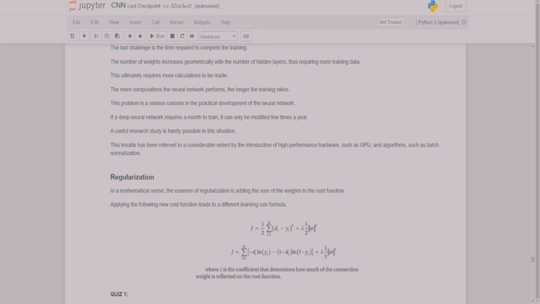Some of the authors will use the divided by 2, otherwise that doesn't make a large difference even if you omit it. Into the magnitude of W squared. As we have been using W for weights, it's the same W. We are trying to add the sum of the weights into the cost function multiplied by a factor like lambda. So this is also going to help in providing a much more proper direction.